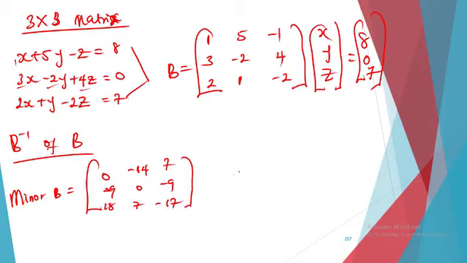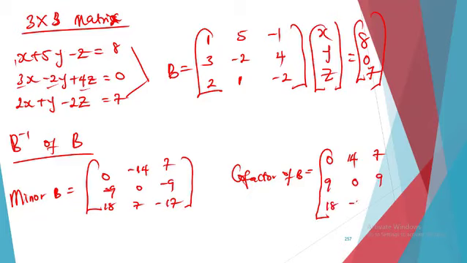Then we'll find the cofactor of B, which is equal to 0, 14. Cofactor is just the change of signs. Okay, so we have here to be 9, 0, 9, and we'll have 18 minus 7, then 7 minus 17. Okay, so this is the cofactor.